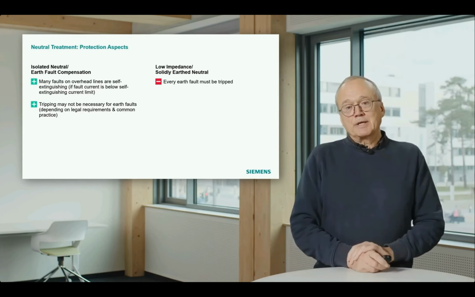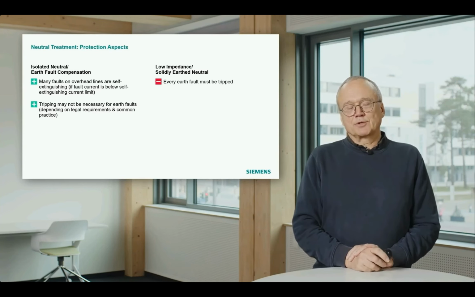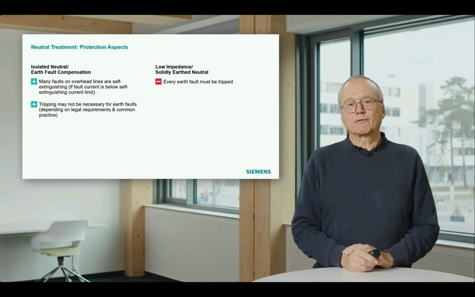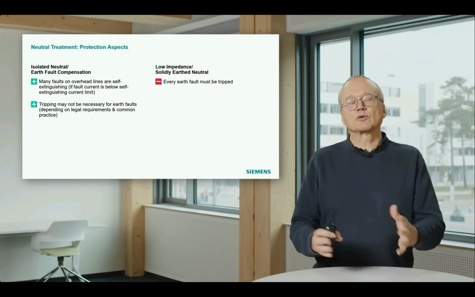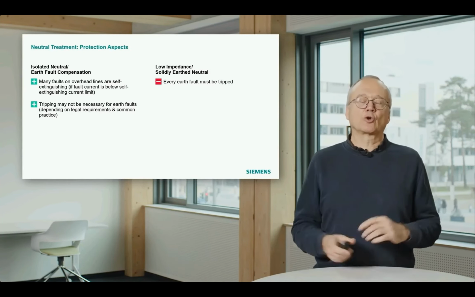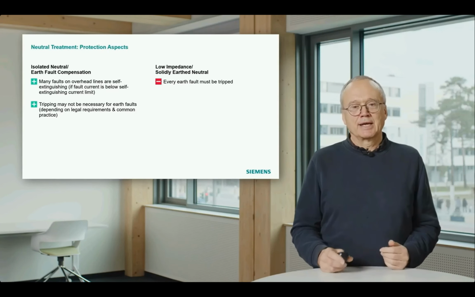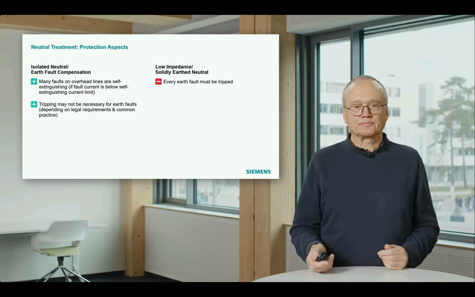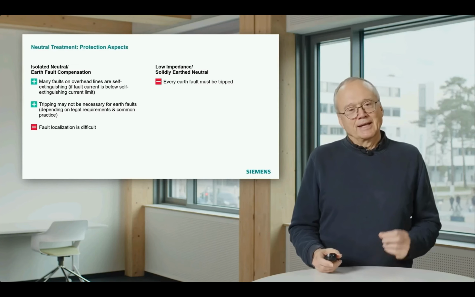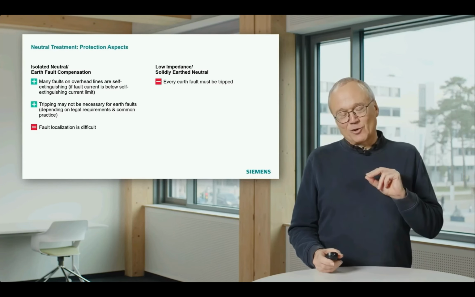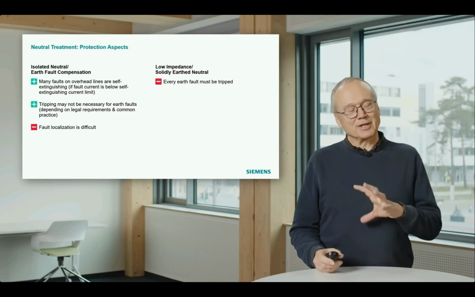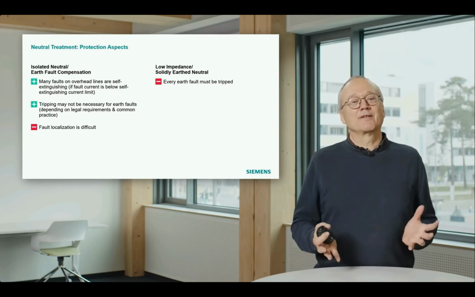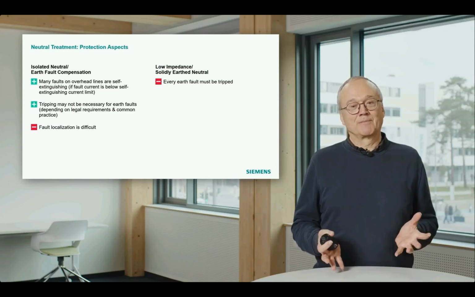If you have low impedance or solid earth systems, clear situation, every fault must be tripped. That means if you have a fault, the line has to be taken out of service. That can cause some interruption in the supply. The disadvantage on the left side, and that will be the second part of this video, is the fault localization.